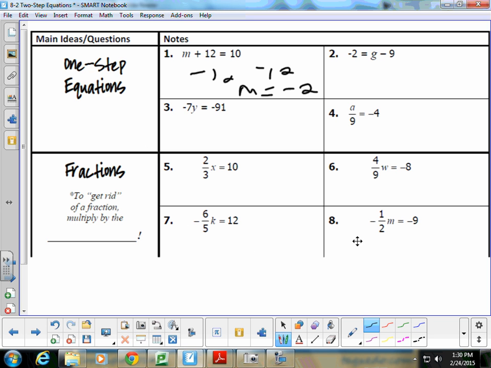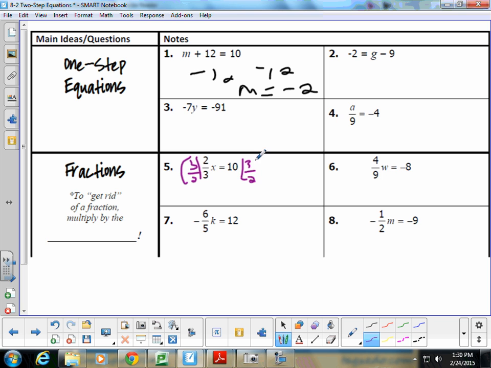So that's something to use as a review. Use this as a little practice as well. To get rid of a fraction multiplied by the variable, you would do the inverse operation of dividing by 2/3, but dividing by 2/3 is the same as multiplying by 3/2 on both sides.